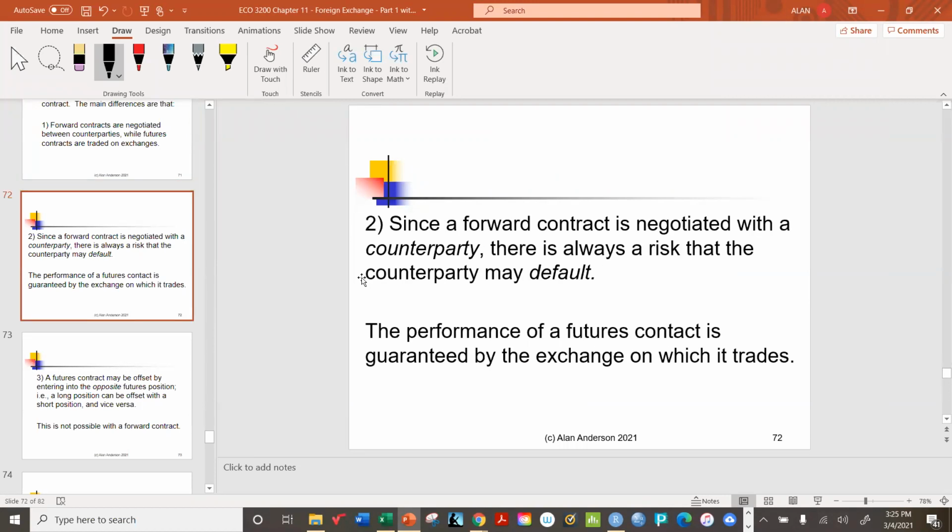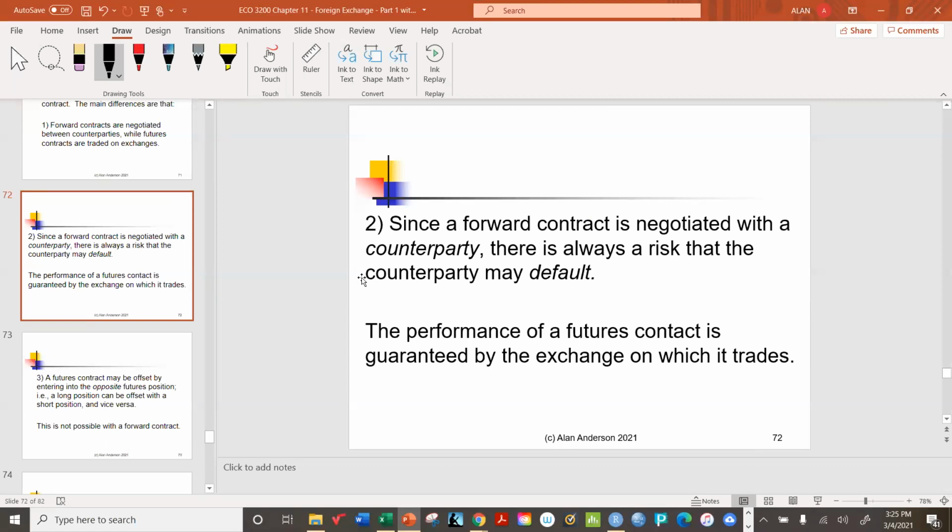Well, I'll tell you what. Here's one of the good things about this. If you buy a forward contract from, let's say, a Goldman Sachs, the problem is that they can go out of business and you're left sitting there with a contract with nobody else to live up to their side of the contract.